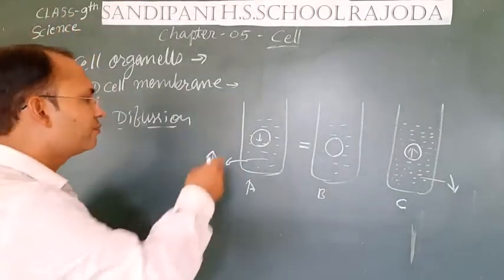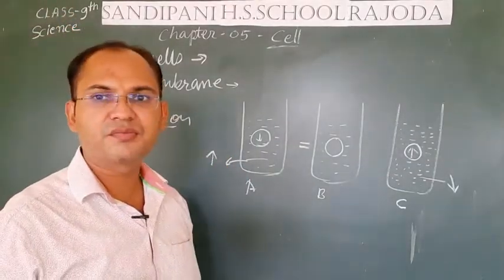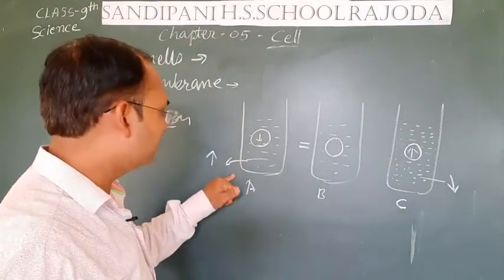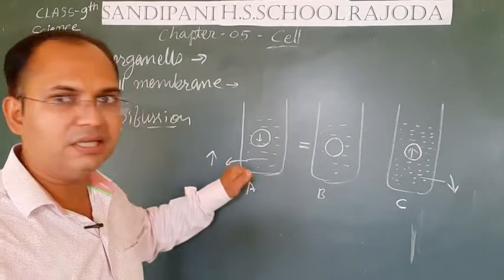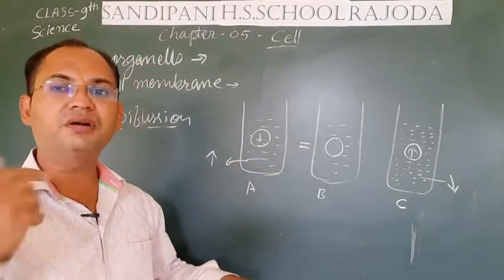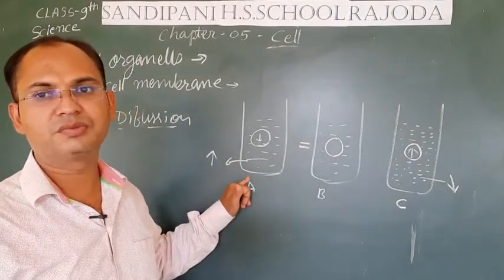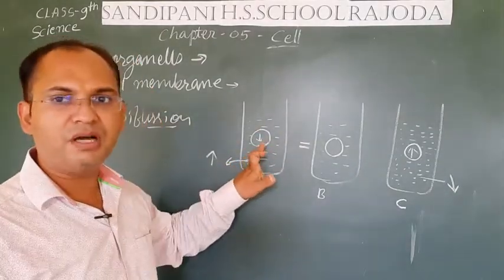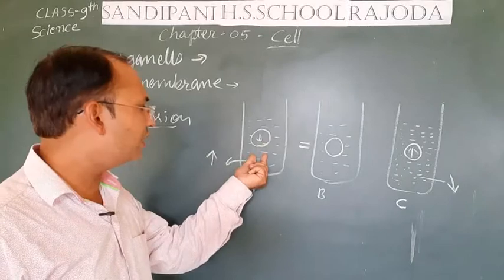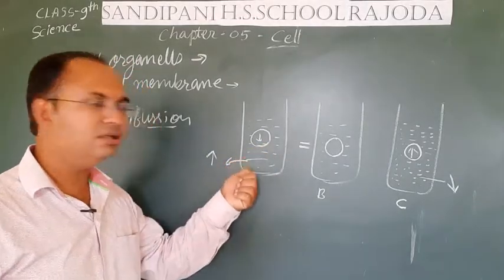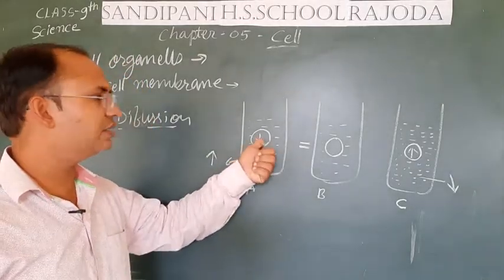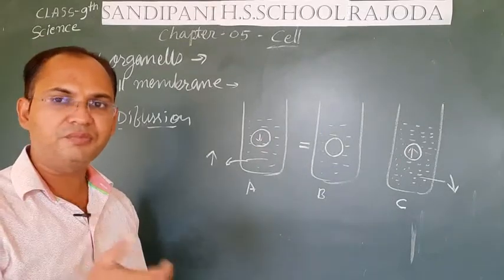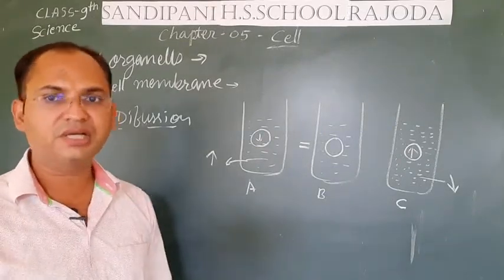So here in the first case, when the concentration of the solute is higher in the water outside the cell, then the concentration of the water is low. The solute that we dissolve in water is high, so the amount of water outside the cell is low and inside the cell is high, and there will be a net movement of water from inside the cell to outside the cell.